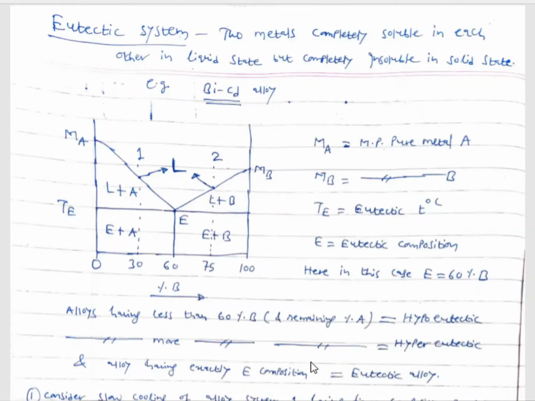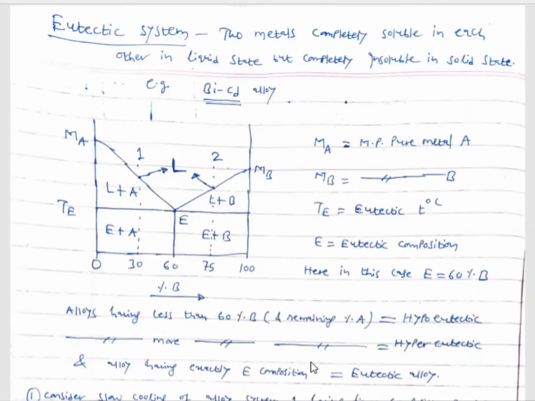Alloys having less than 60% B, that is less than eutectic composition, which will fall on the diagram on the left hand side, are termed as hypoeutectic alloy. And the alloys having more than 60% B, that is on the right hand side of the E, are termed as hypereutectic alloy.